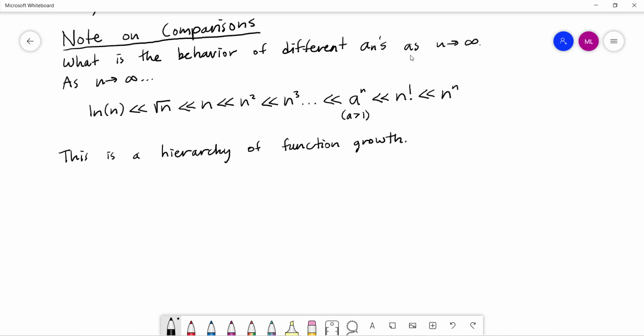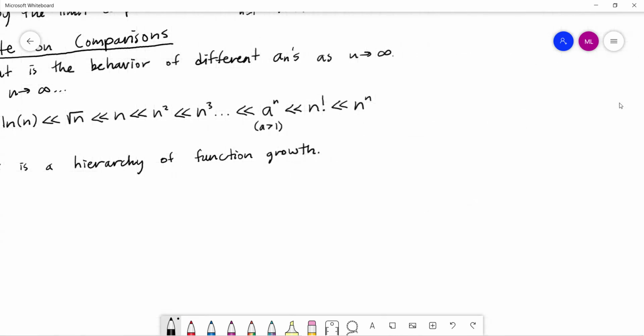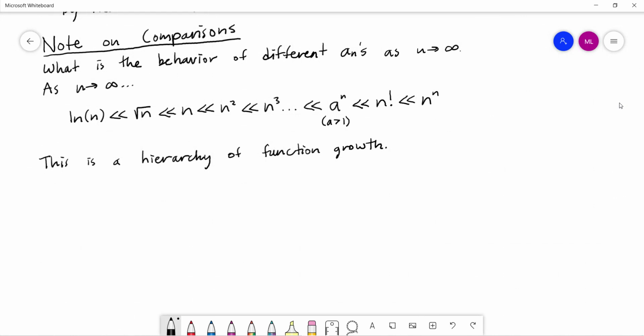As n goes to infinity, all of these terms are going to infinity, but it's telling us how quickly they grow. All terms go to infinity, but they approach it at vastly different rates.